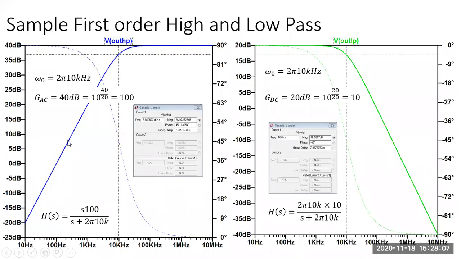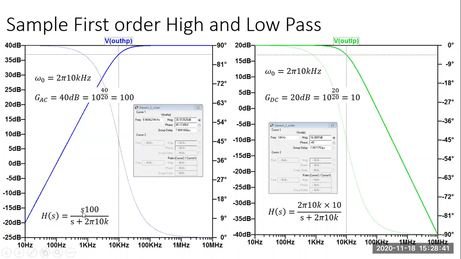If I checked the slopes, you'd see positive 20 dB per decade, and minus 20 dB per decade for the low pass. Before, the AC gain was 1 for both cases, or 0 dB. Now it's 40 dB for the high pass case and 20 dB for the low pass case. So you just have to convert that into a linear term.